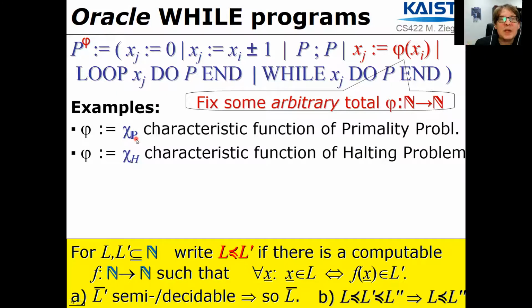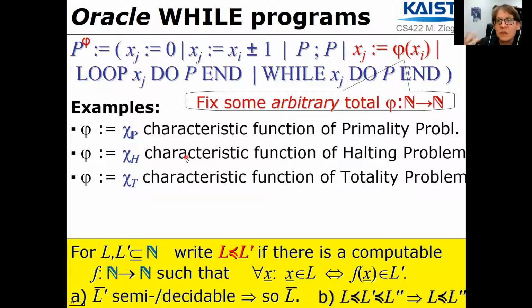Here's another example of such an Oracle function, again a characteristic function: the function of the halting problem, which, as we've just discussed, allows an Oracle while program to decide the halting problem basically by simply invoking this characteristic function Oracle. Or we can consider the characteristic function of the totality problem, which, as you recall, is strictly more undecidable than the halting problem.